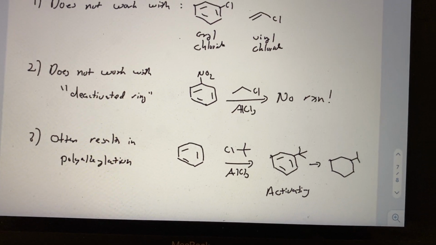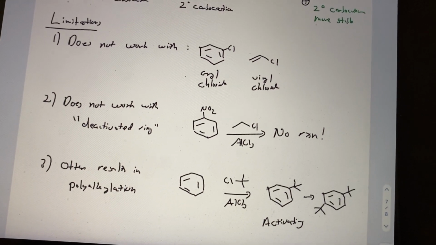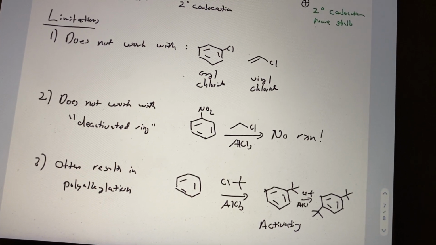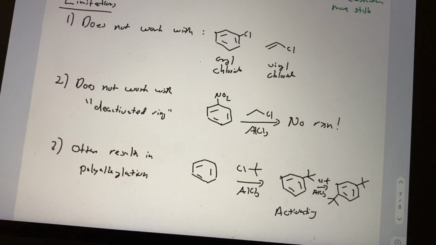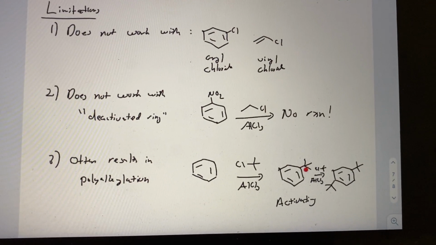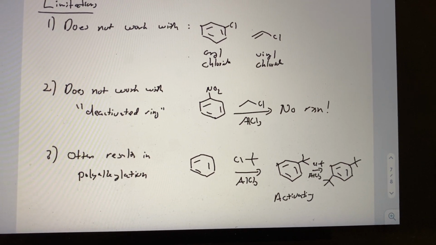You end up with, and we'll keep them apart from each other, polyalkylation, meaning the reaction happens multiple times, like polymer, so multiple units. So at times it's hard to stop the reaction at, say, just putting on one alkyl group, and you'll end up with more than one alkyl group.